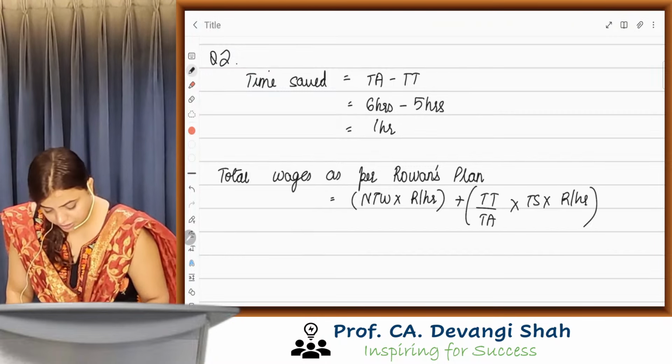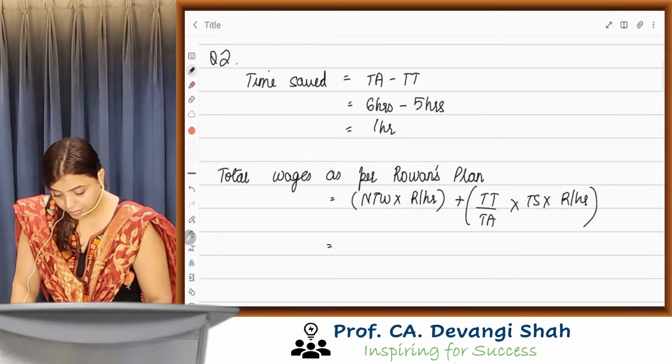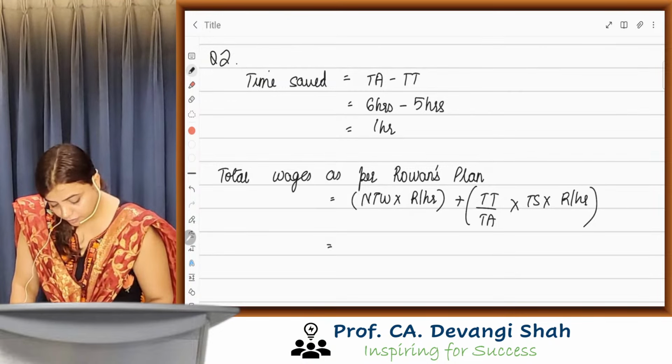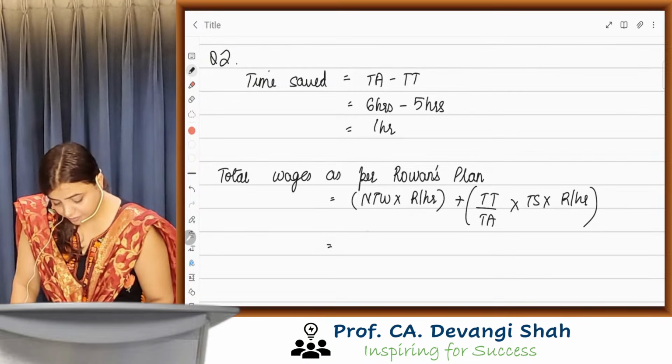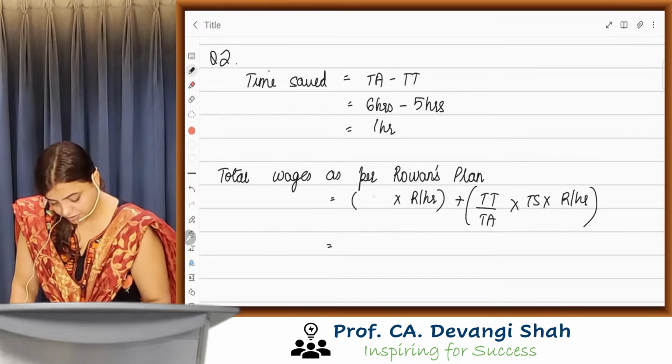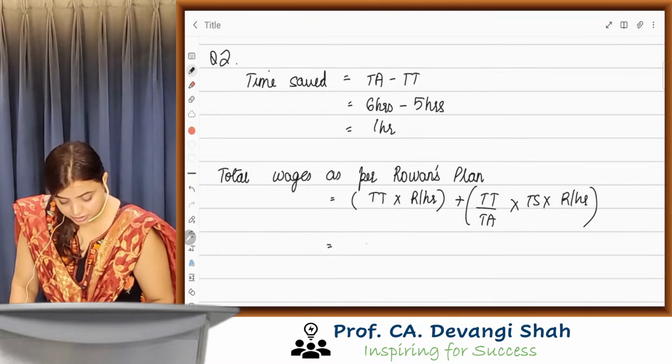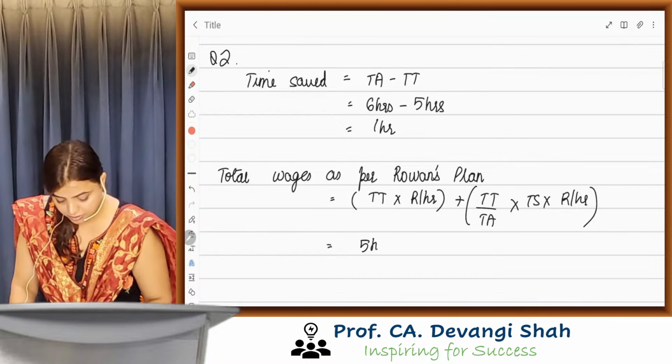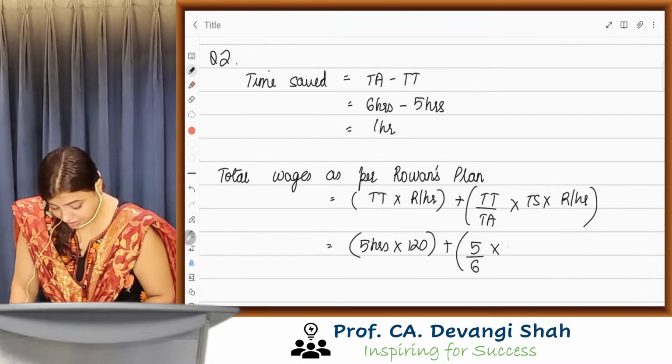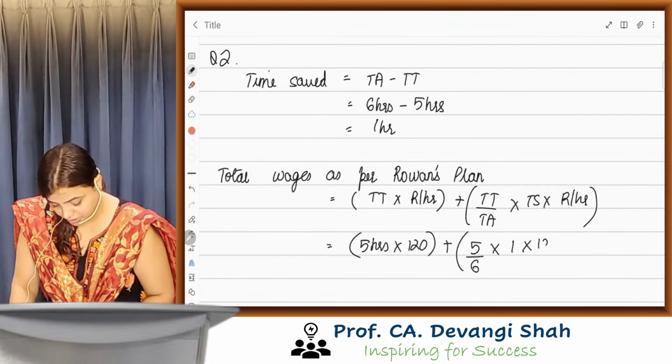This is the formula. Now let's substitute. Normal time, this is time taken. Time taken is 5 hours, rate is 120, plus time taken 5 hours, time allowed 6, time saved 1 into rate per hour 120.